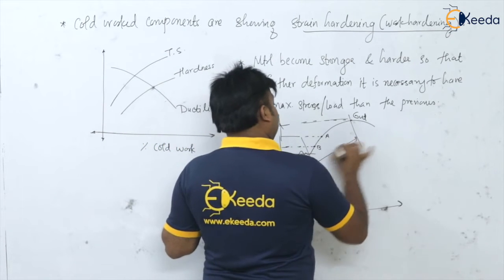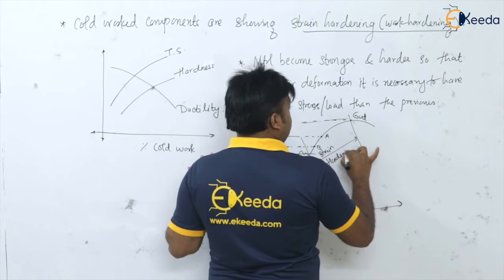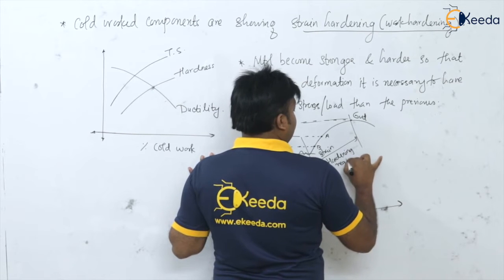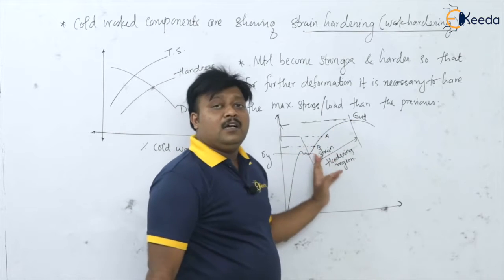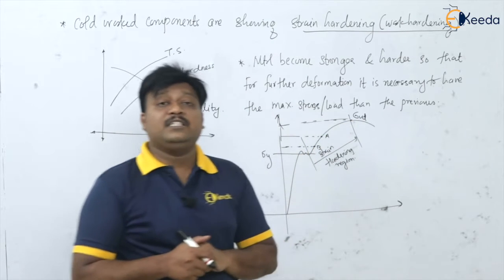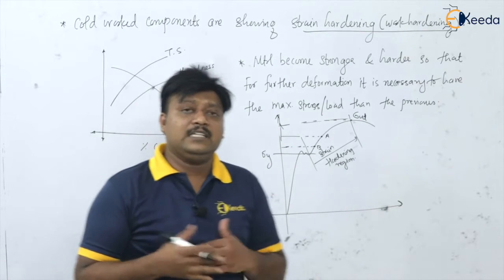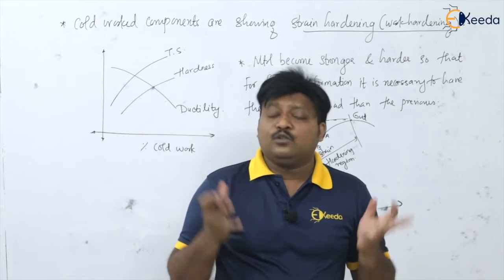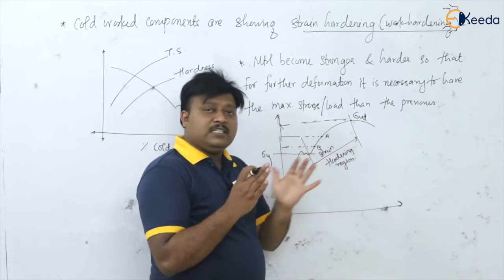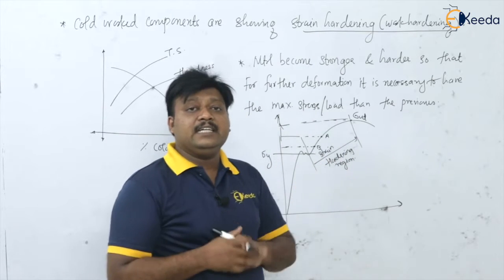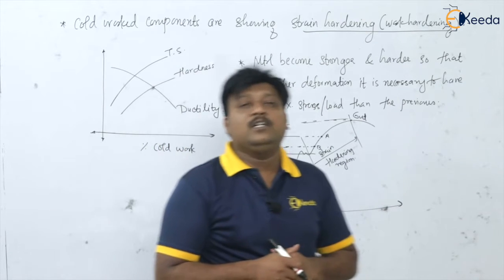So this is our strain hardening or work hardening region in this stress strain curve, and which is nothing but our what? Our plastic deformation zone. That is also very important. So plastic deformation, the more deformation you want inside the material, the plastic deformation zone should be as wide as possible, which is good for us, to get the maximum deformation, maximum working onto the material.